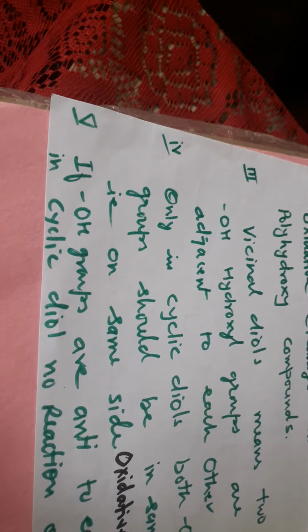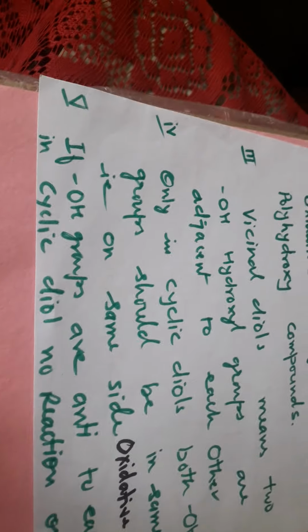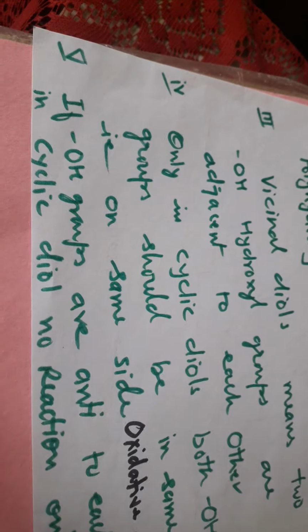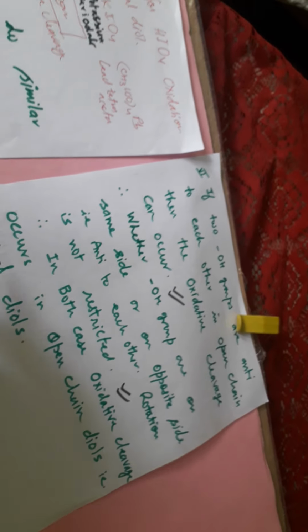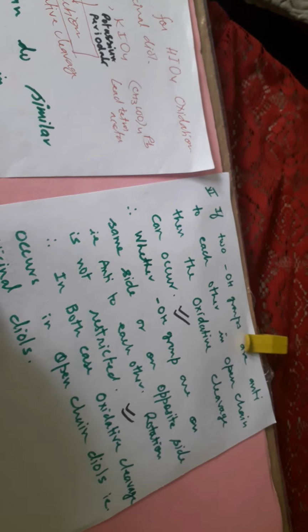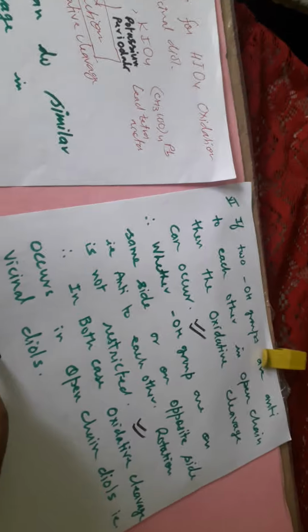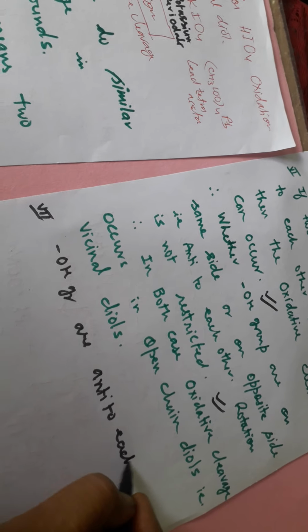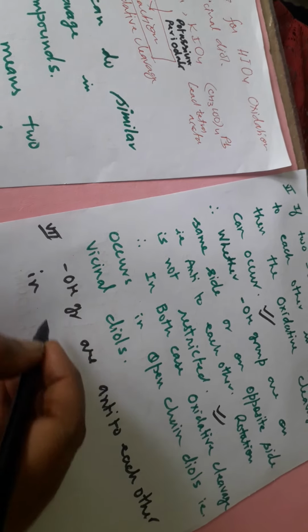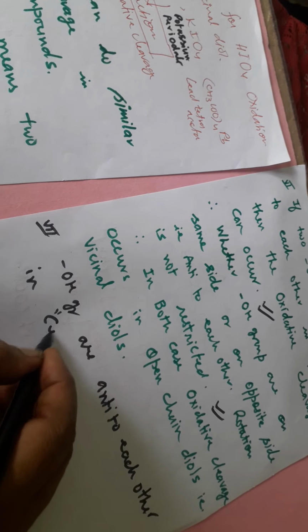Here, in the case of cyclic diols, if they are anti to each other, there will be restricted rotation. I will write this as the 7th point. You write down these points till then. 7th point: OH groups are anti to each other in case of cyclic diols.